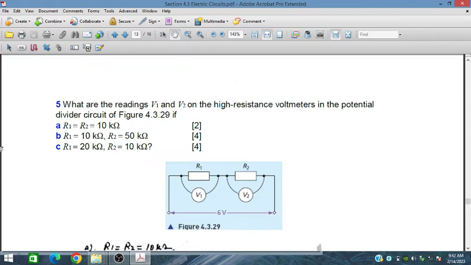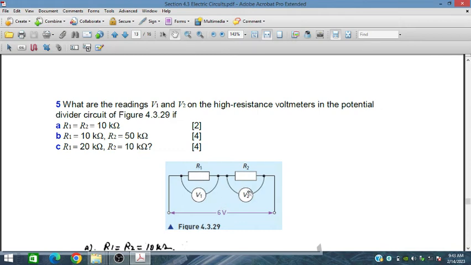What are the readings V1, V2 on the high resistance voltmeter in the voltage divider circuit of figure 4.329 if R1 and R2 are equal to 10 kilo ohms? If these are equal, then the voltage drop across each will be the same, half and half.